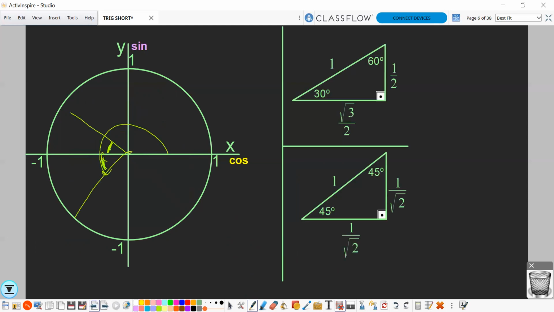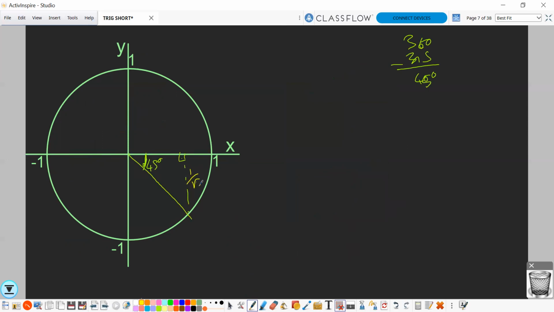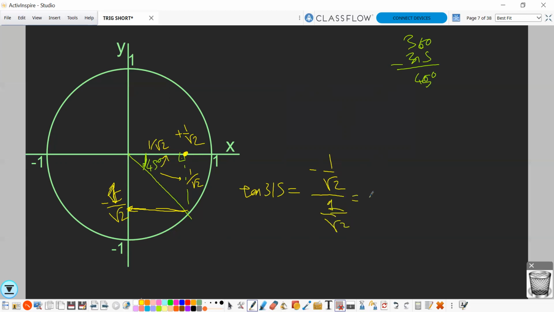With 45 degree, since the hypotenuse is 1, the opposite and the adjacent are 1 over square root 2, both sides. So this number is in here plus 1 over square root 2. This number is in here minus 1 over square root 2. So tangent 315 equals opposite side corresponding with negative number minus 1 over square root 2. Adjacent side is positive 1 over square root 2, which is equal to minus 1.